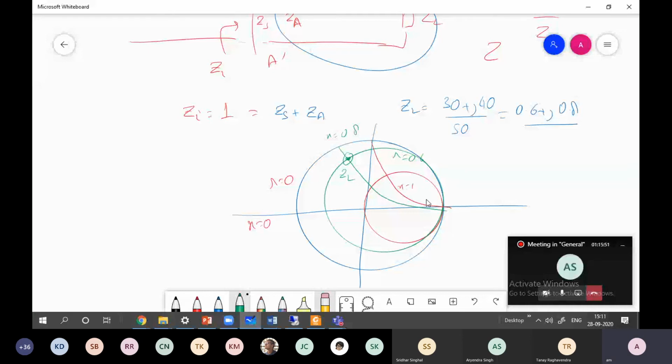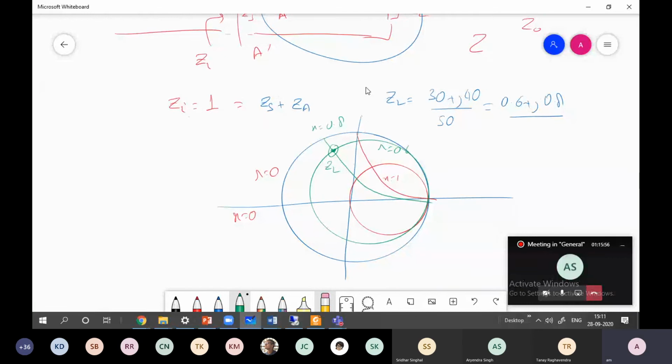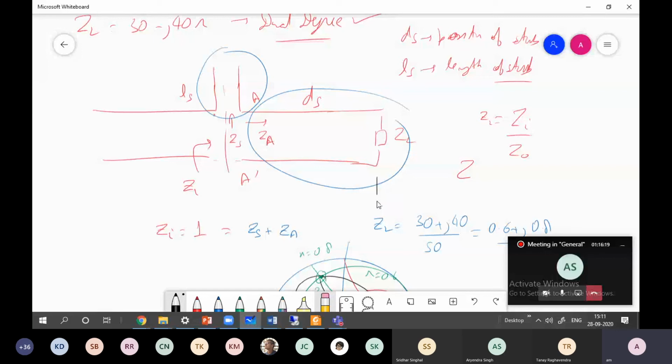Once I know this point, what should I do? I join this point with the center or origin of the Smith chart and draw the constant VSWR circle like this. I'm not good at drawing, so I just drew the constant VSWR circle.